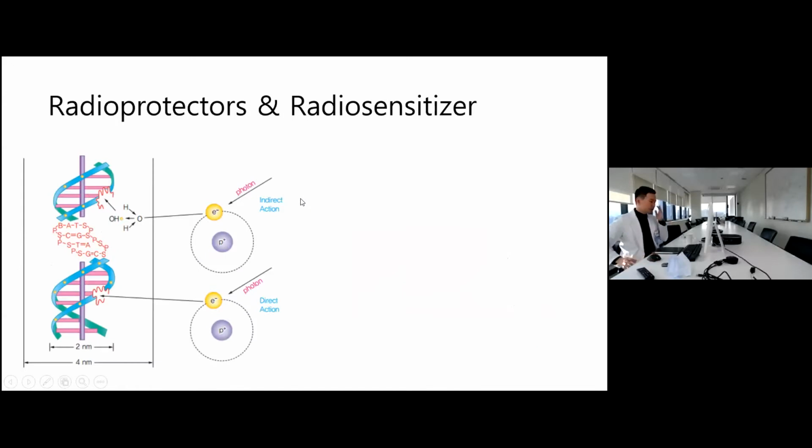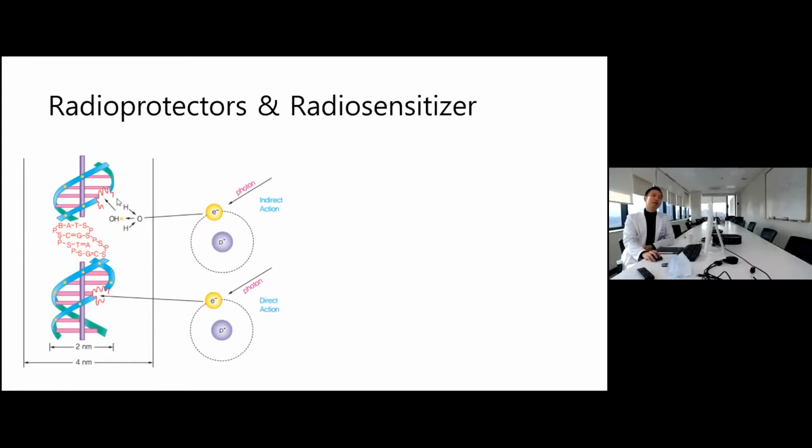Okay, and so there are strategies to enhance or reduce such a radiation effect. Mostly it is hard to control the direct action.